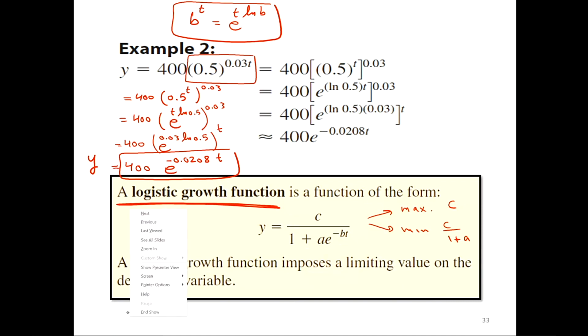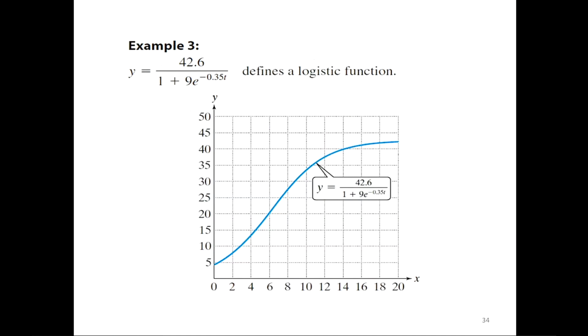Okay, an example about this. The function goes up to the maximum c, which is 42.6.